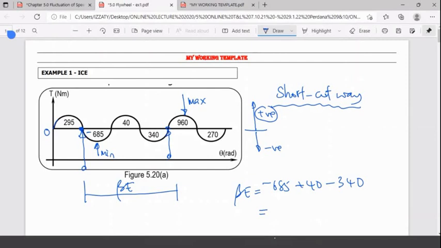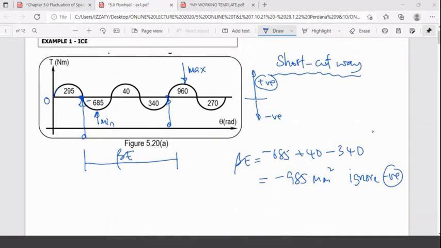This one 35. You have negative 985 millimeter squared. Correct. Then you put here, ignore negative. You have exactly the same result from what you have in the normal calculation.